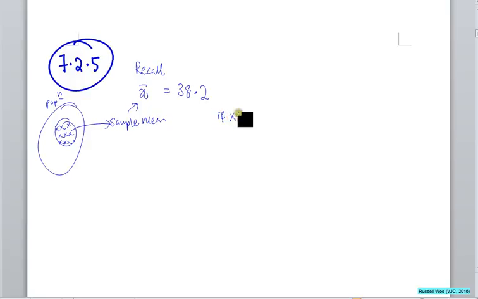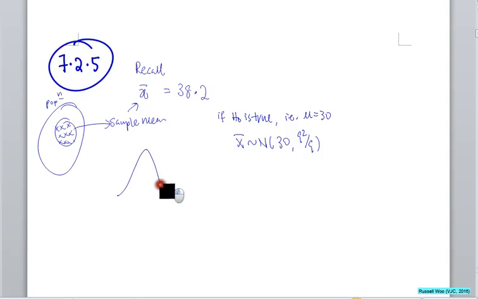And we also recall calculating this probability. If H naught is true, i.e. mu is equal to 30, then x bar follows a normal distribution with mean 30 and variance sigma squared over 9. I copied this so many times that I can memorize. Remember at the start we said, what if this is 38.2?